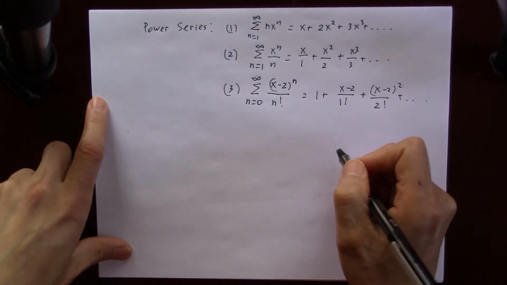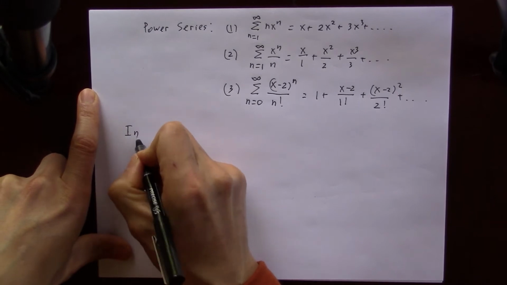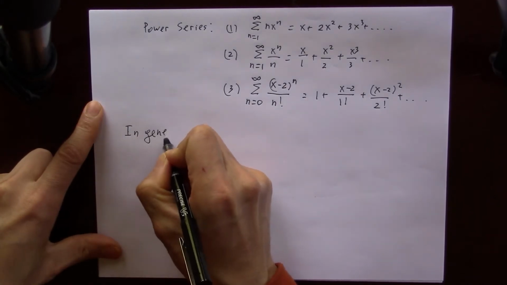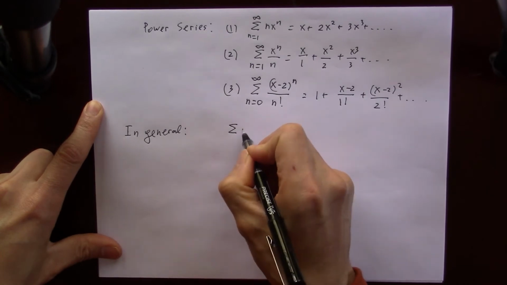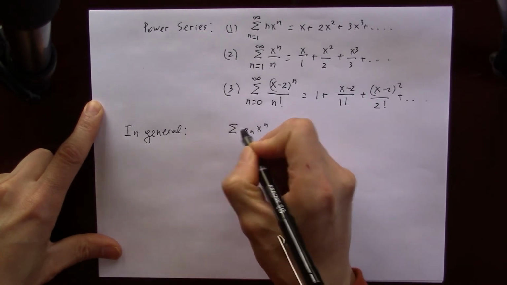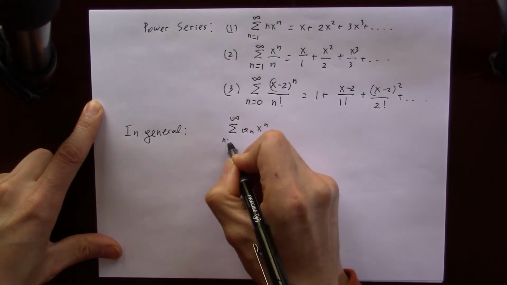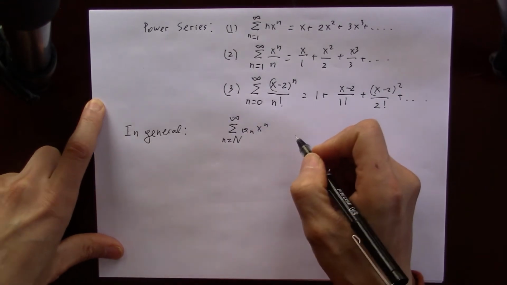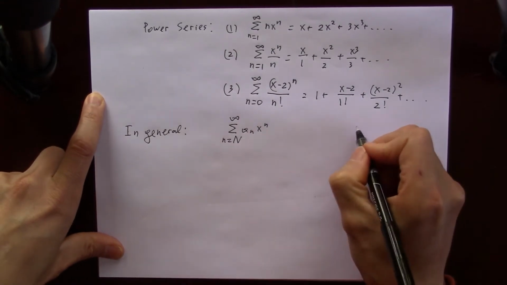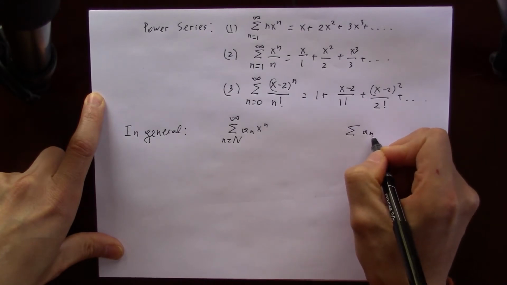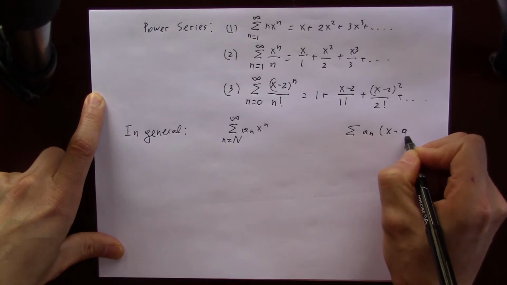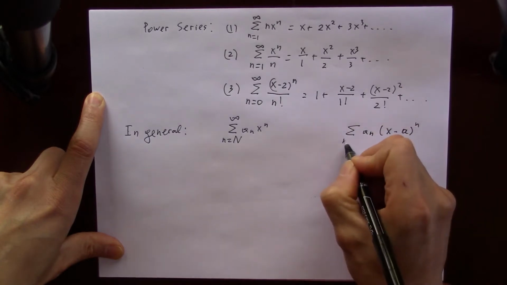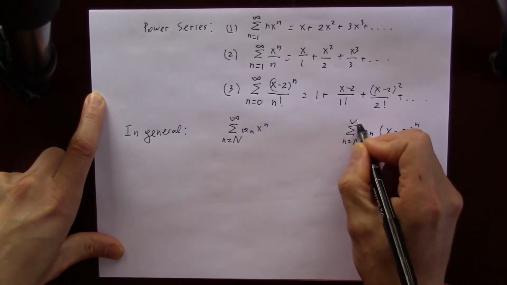So in general, a power series is going to look like the sum of a_n x to the n, from n starting somewhere to infinity, or more generally a_n times (x minus some a) to the n, starting at n to infinity.